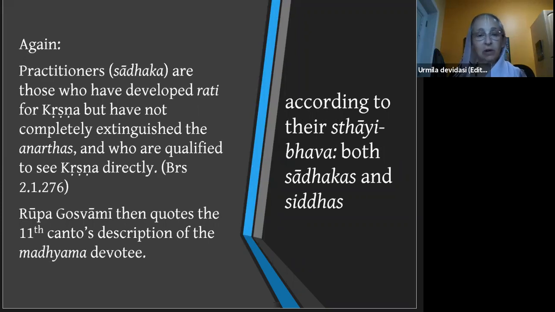Basically, Rupa is using rati synonymously with staiba. Rati literally means love, but your basic love. Do I love Krishna as my master, as my friend, as my child, as my lover? So we've developed this rati, but they've not completely extinguished the anarthas. They're qualified to see Krishna directly. The words were Krishna sakshat. Srila Prabhupada translated this as who is qualified to enter into the kingdom of God.